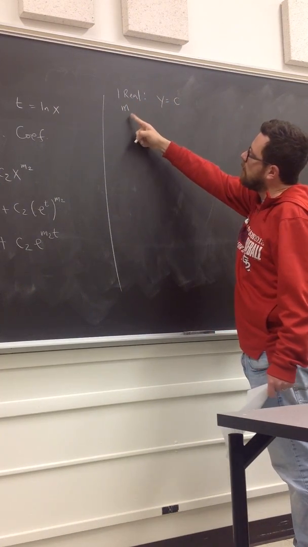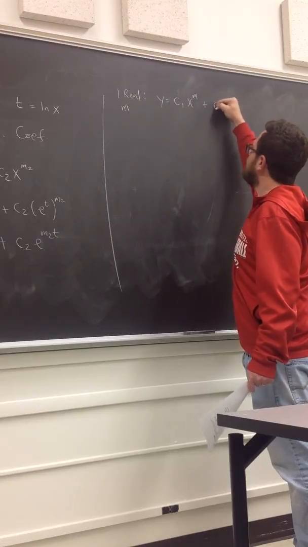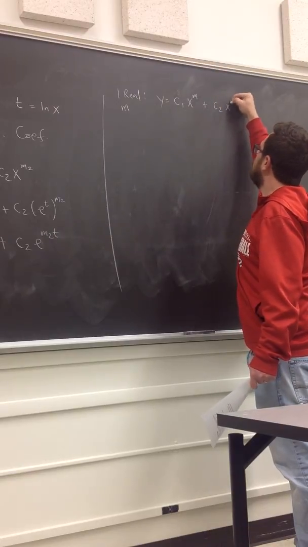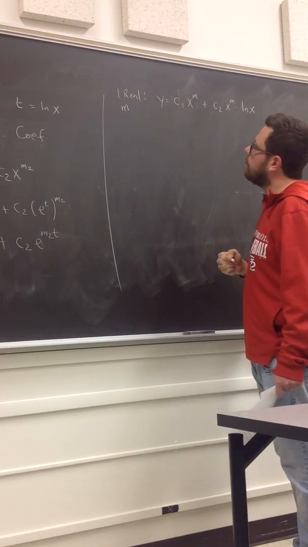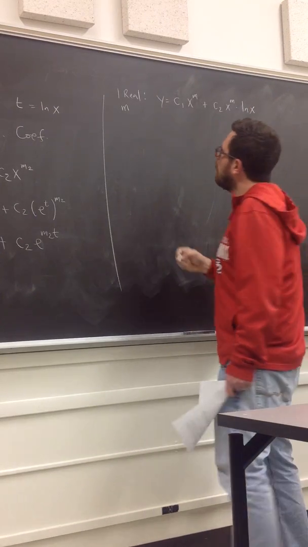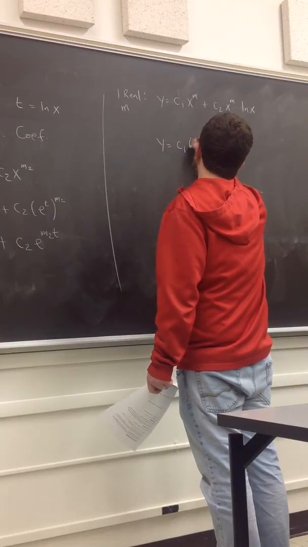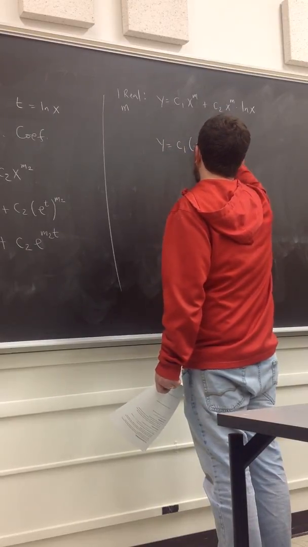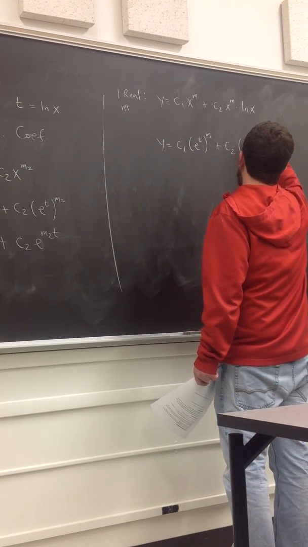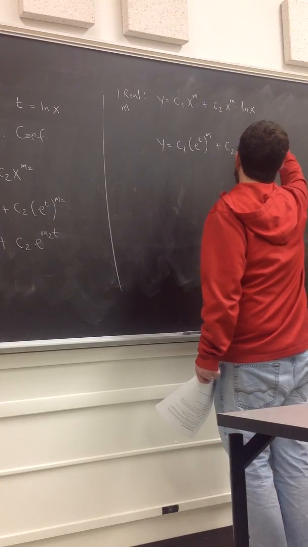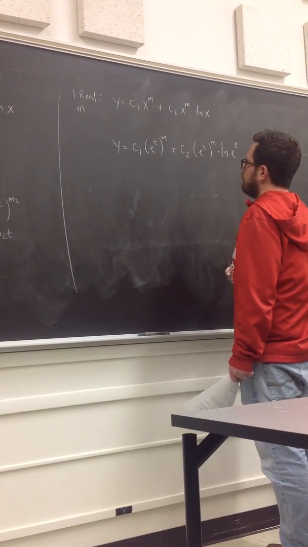So if it's Cauchy-Euler, it's C1 x to the m plus C2 x to the m multiplied by natural log x. Right, what if we make this substitution? Well then, y is equal to C1 e to the t to the power m plus C2 e to the t to the power m multiplied by natural log of e to the t.